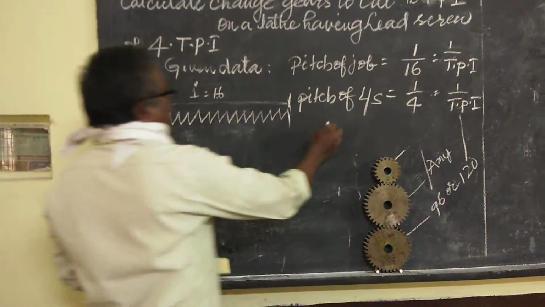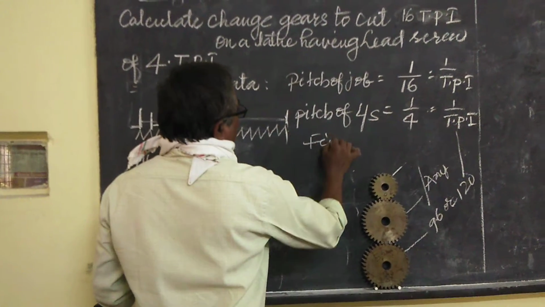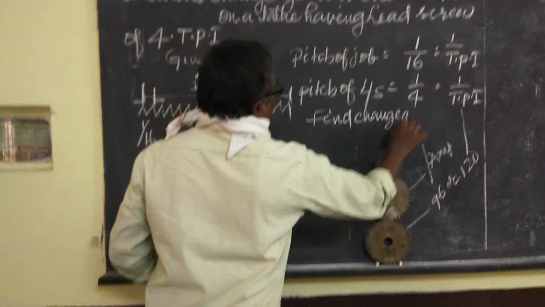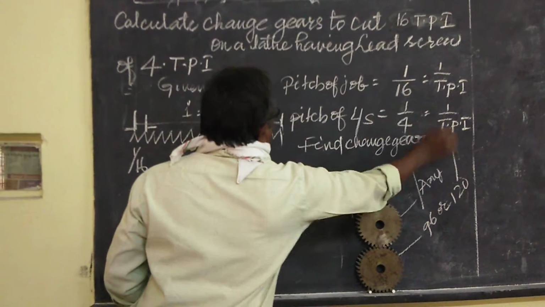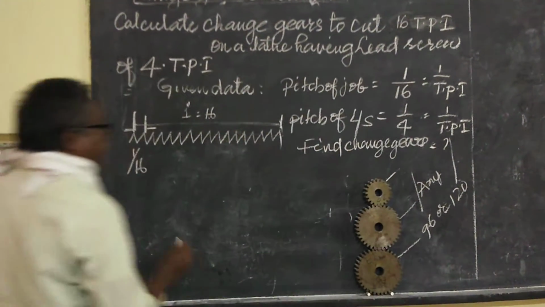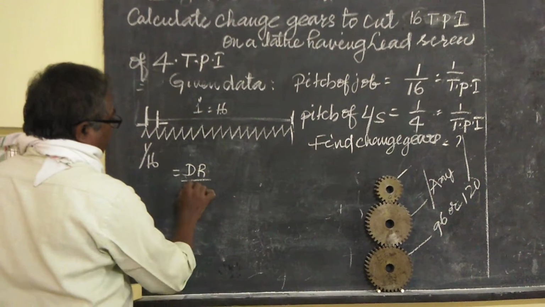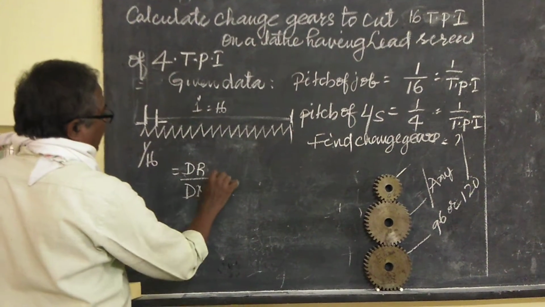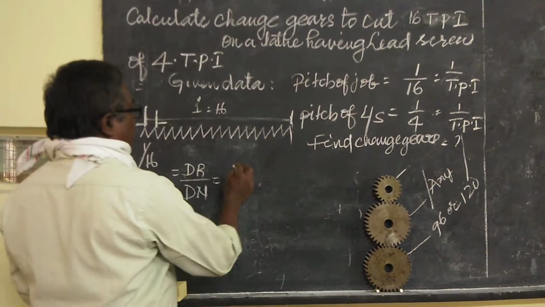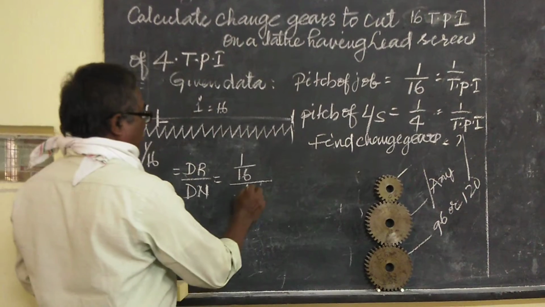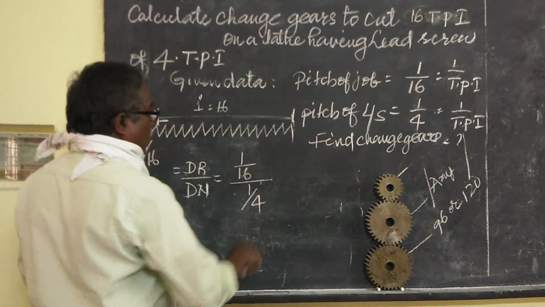Now change gears calculation. Find change gears. So dr by dn, driver by driven, equals pitch of job, 1 by 16, by 1 by 4.